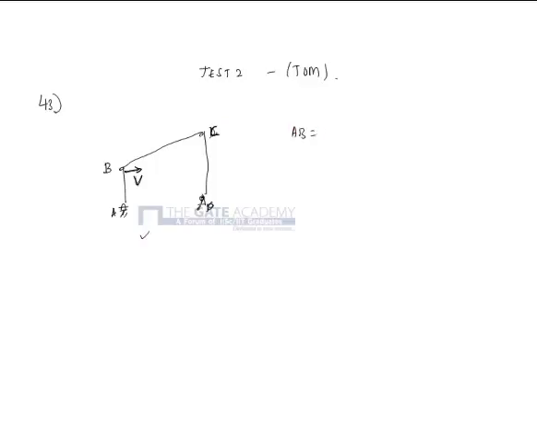AB is 30 centimeter, CD is 45 centimeter, and in this position AB and CD are perpendicular to the link AD, which is nothing but the ground.